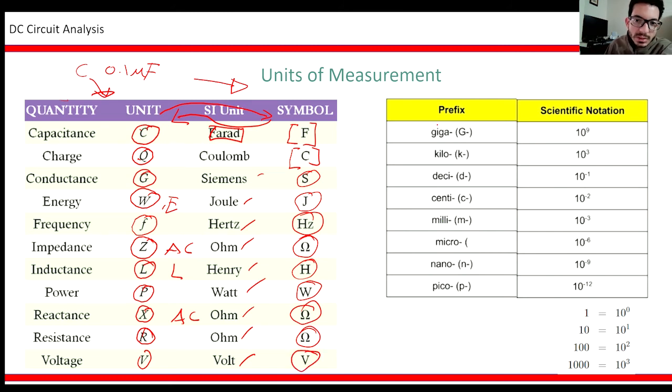The prefixes are very important. So we have gigahertz, like for a processor, and it's 10 to the 9 hertz.